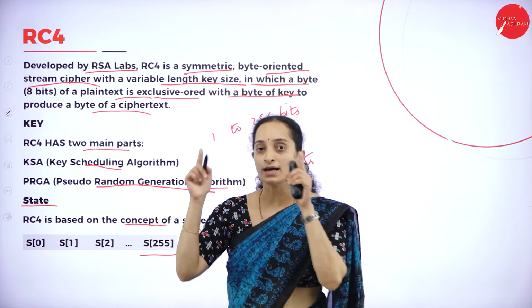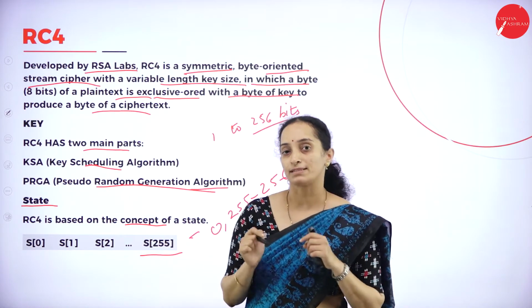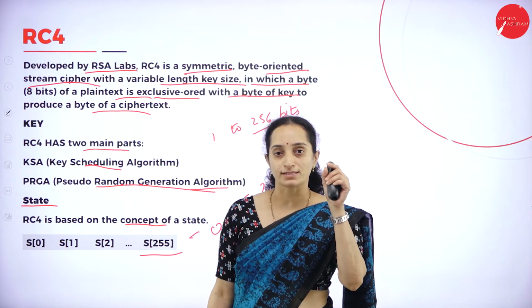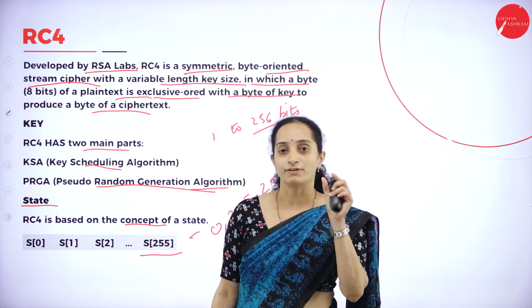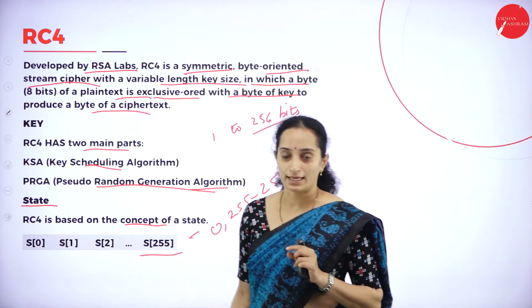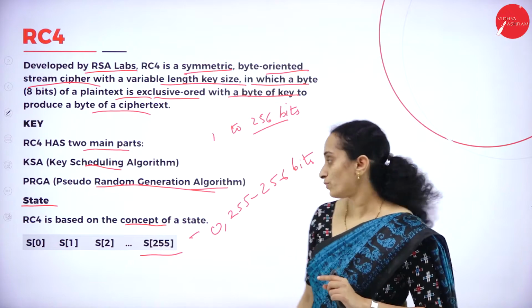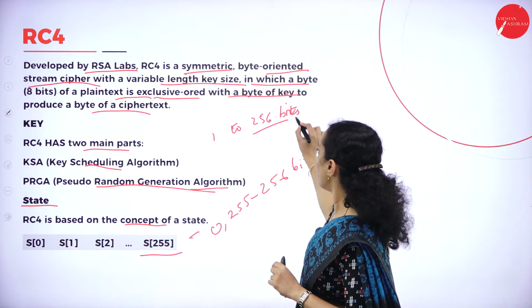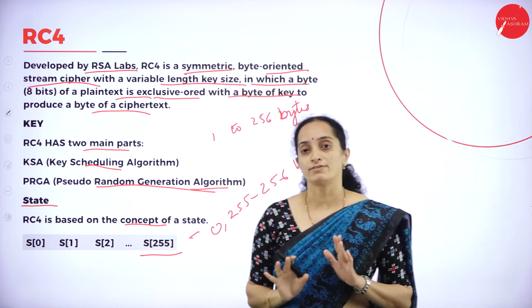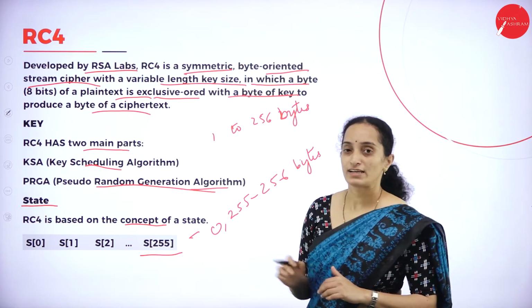As we know about the state, it is represented as a matrix. If you take S0 as the first column or first key in the set of keys, you can use 1 to 256 bytes of key sets.